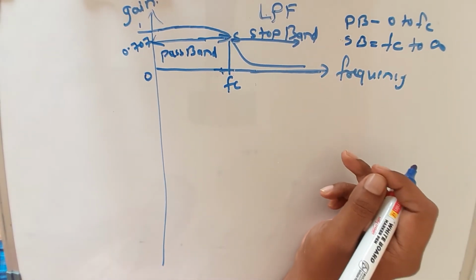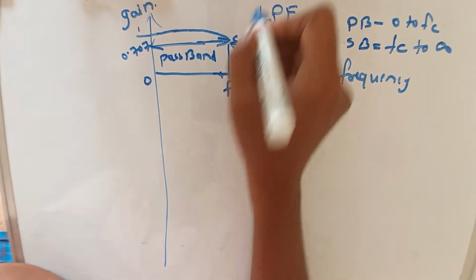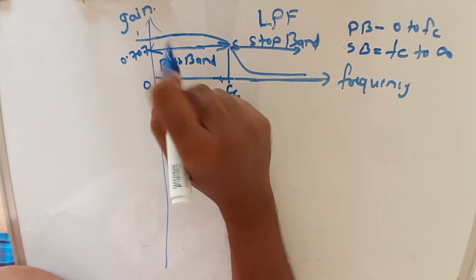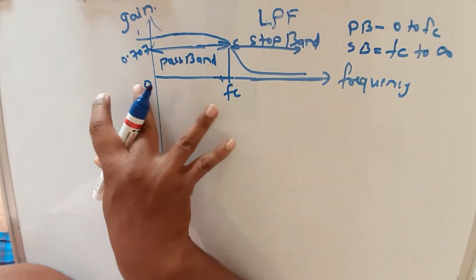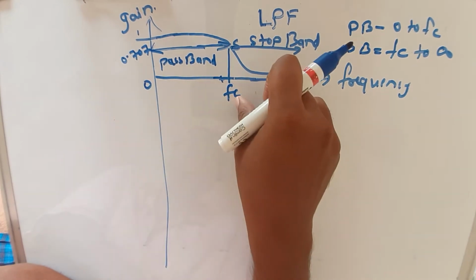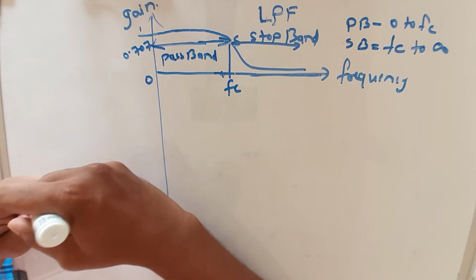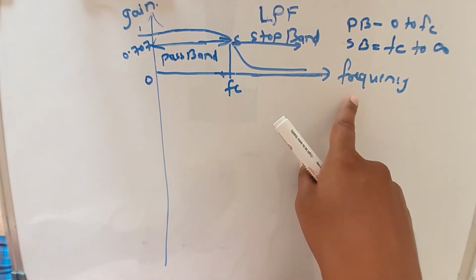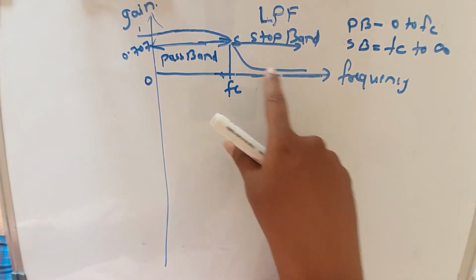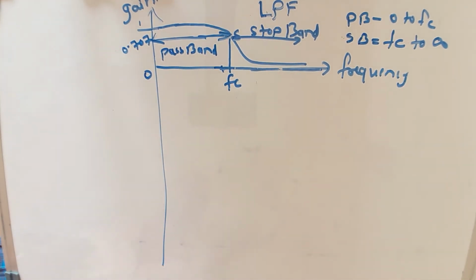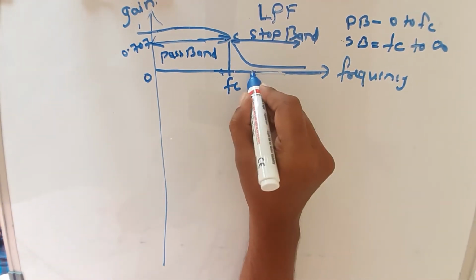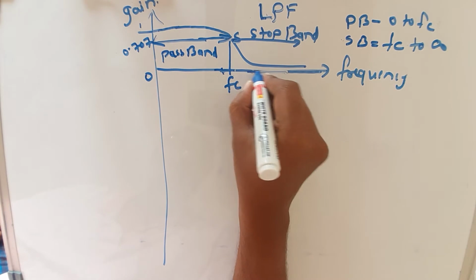For a low pass filter the gain must be maximum only at lower frequency. This cutoff frequency may be 10 kilohertz, 1 kilohertz, 5 kilohertz, and above this the gain should be 0. Okay, so there is no use for the low pass filter after this.